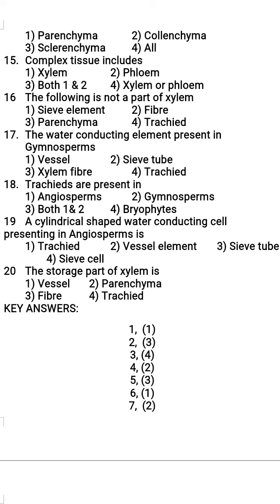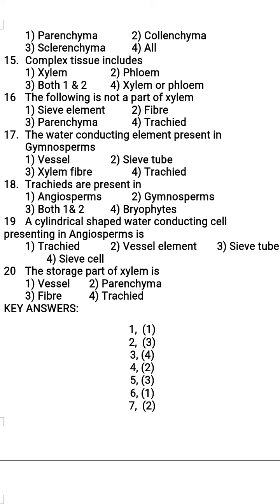Fibers, parenchyma, tracheids, vessels: xylem has these. Xylem functions as conducting tissue for water and minerals, from roots to the stem and leaves. It also provides mechanical strength to the plant parts. It is composed of 4 different kinds of elements.